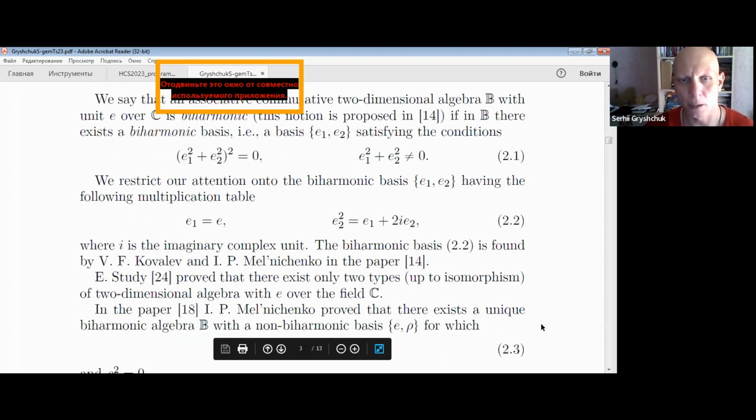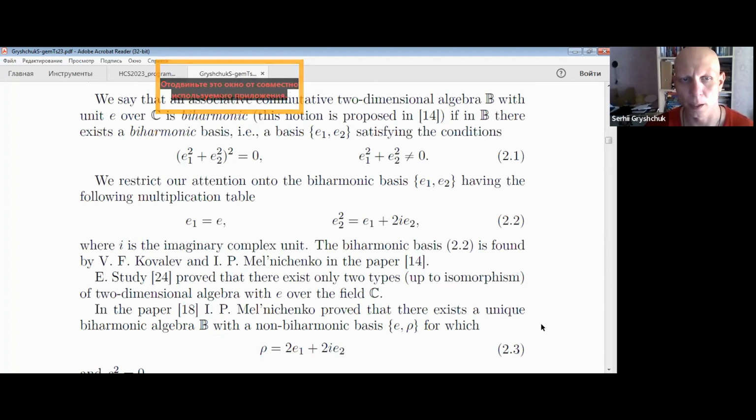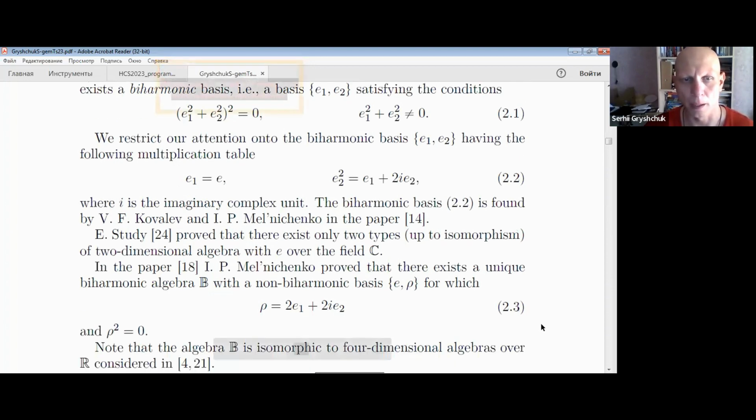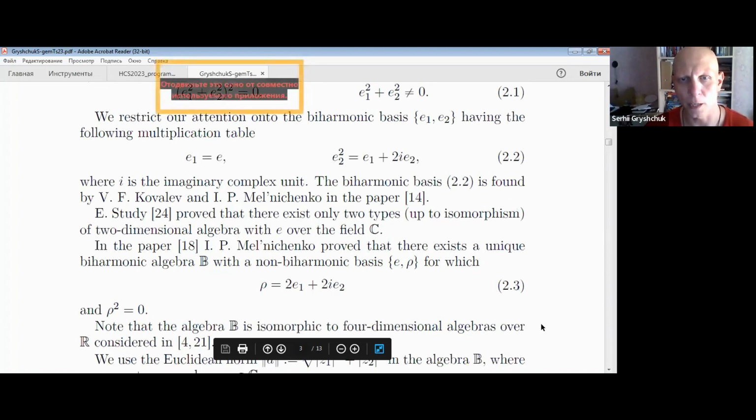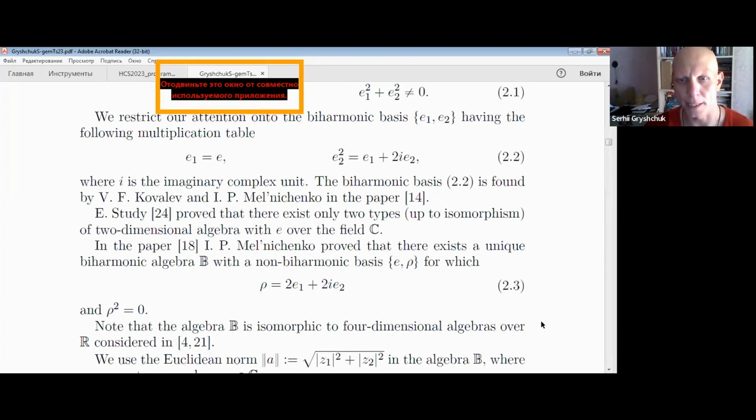This algebra is also isomorphic to a four-dimensional algebra, which is found up to isomorphism. In the work of Melnichenko, Kiev mathematician, he proved that there exists a unique biharmonic algebra B with non-biharmonic basis E, rho.